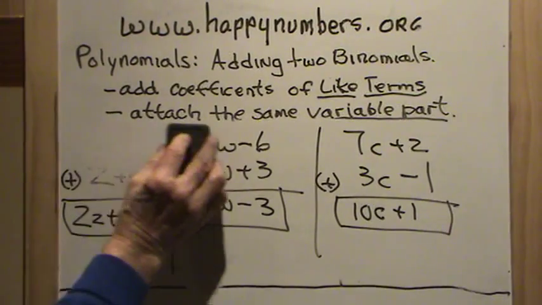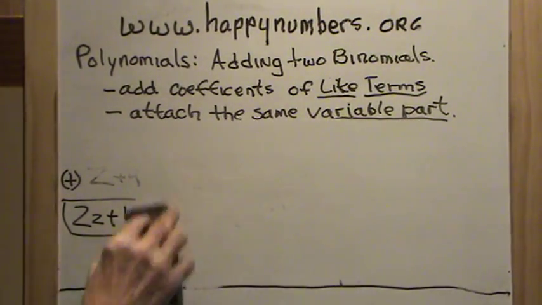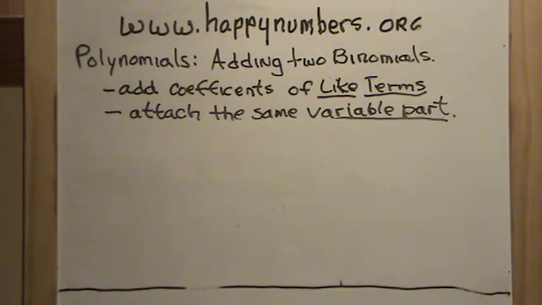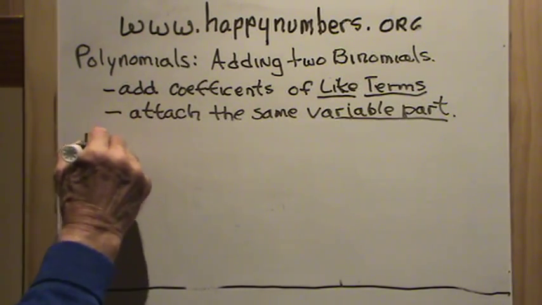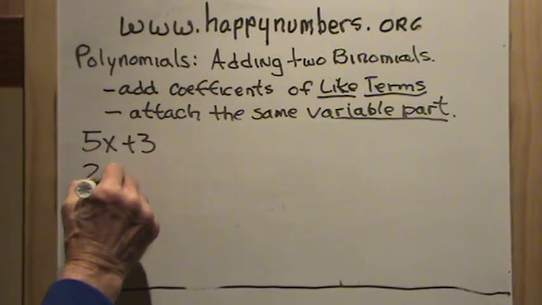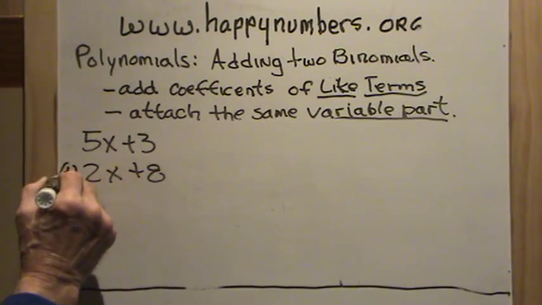Good. Now let's take a look at this kind of a problem. Well, we'll take a look at one more of these and then go to a little different kind of a problem. Let's take a look at this. 5x plus 3 and 2x plus 8. And we're going to add that.